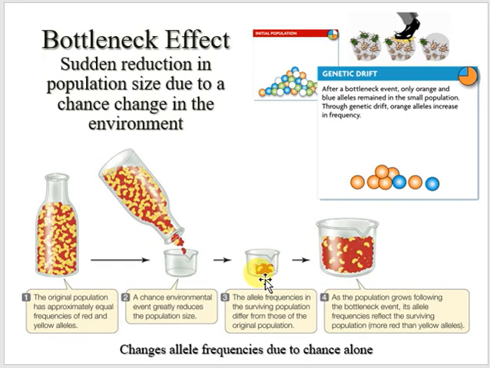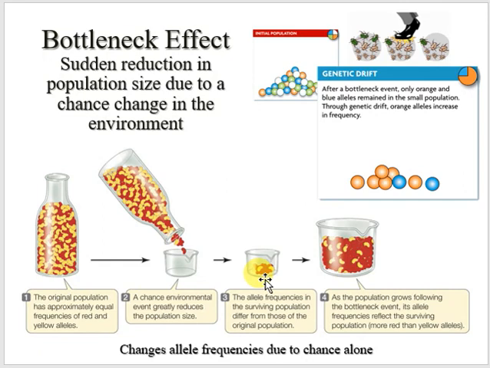But whatever the case, this new population will go on to grow after this bottleneck effect, and the gene pool or the genetic composition of this population will follow an independent trajectory that's different from the original population because it now has different allelic frequencies.